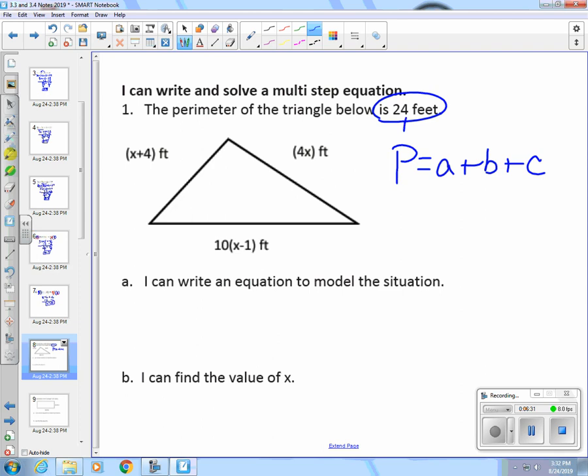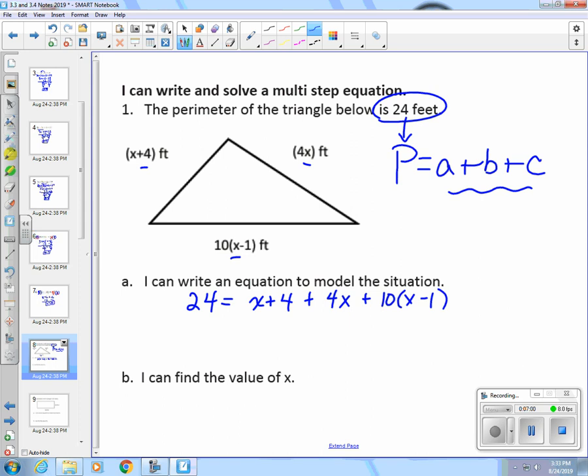So that 24 feet is going to get put in for the capital P, and then we have all of these sections over here that are going to be our A, B, and C. So if we write an equation to model this, I'm going to have 24 equals x plus 4 plus 4x plus 10 times x minus 1.